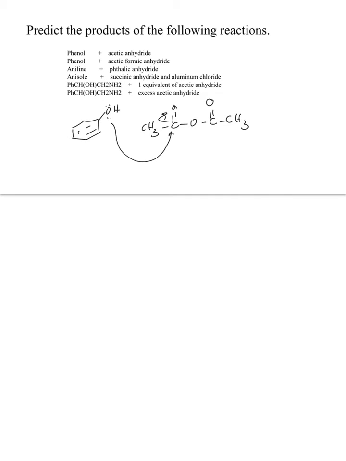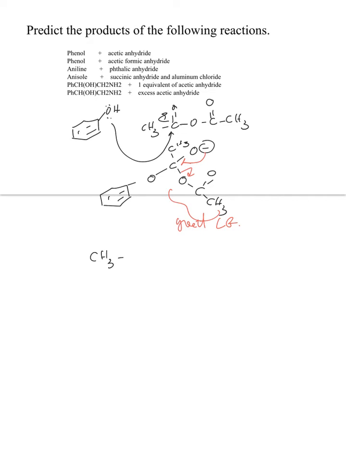You actually form the tetrahedral intermediate. O minus, CH3, O, carbonyl, CH3. This is a great leaving group. Okay. So when this comes back down, this leaves. And then what you get is CH3 carbonyl. You get an ester.